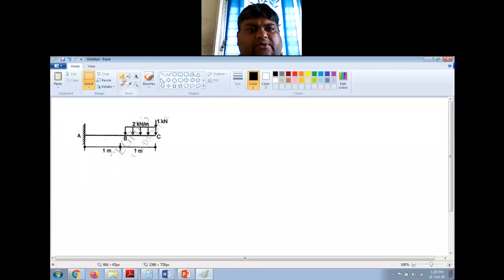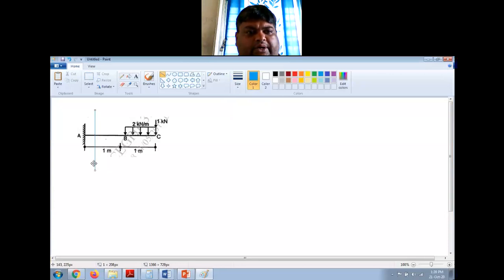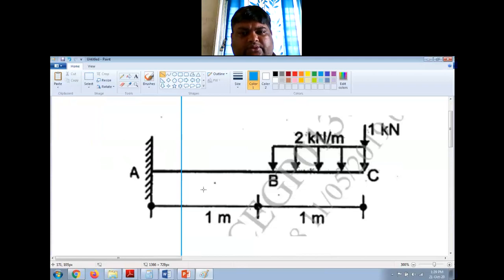What is the modification? First of all, I will take my section here, right? So this is my section XX at a distance of X from the free end C. Now I have to extend this UDL till this point. So let me just do this.